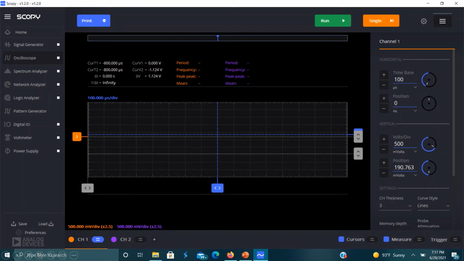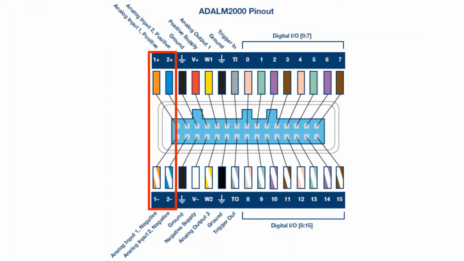This will be shown in detail in the next video, but for now we can see that the period, frequency, peak-to-peak amplitude, and mean voltage are all displayed for each channel. On the pinout of the M2K, the two channel probes 1 plus, 1 minus, and 2 plus, 2 minus are again used to take oscilloscope measurements.